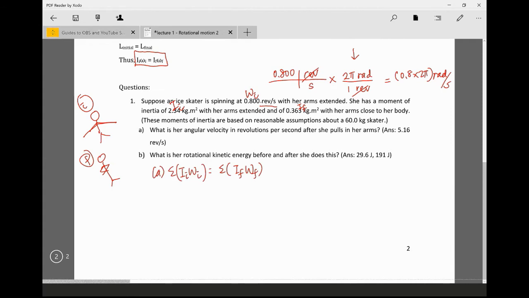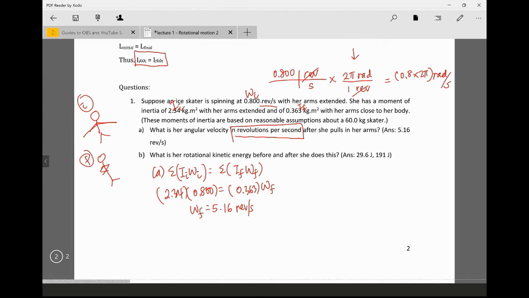Plug in the values: 4.34, initial omega is 0.8, final 0.363 times your final omega. In your calculator, 5.16 revolutions per second. You don't have to convert the units first, because the question requires you to write your answer in revolutions per second.